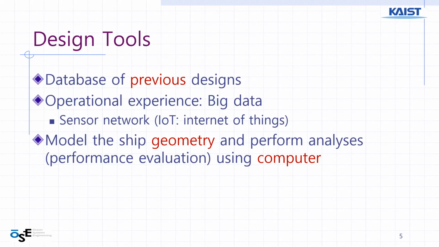And if you have sensors from each ship, data is collected. Say, when I drive my car from home to KAIST every morning, in my car there are probably 30 or 50 sensors.